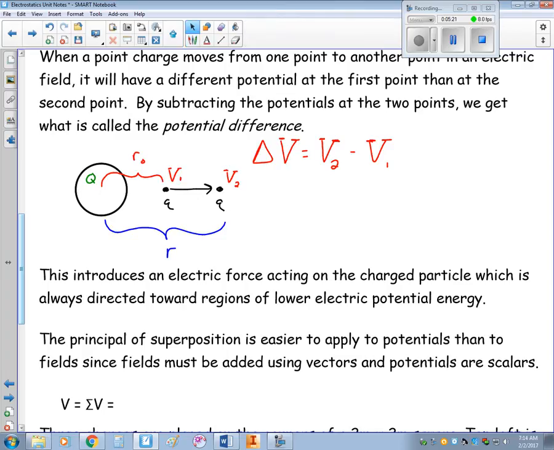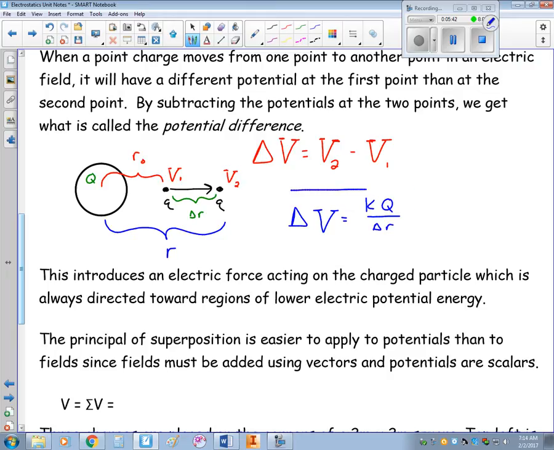And hopefully you can see that this distance between where I move the point charge would be like a delta R, final position minus initial position. And taking a look at what we've done before, the only thing changing is delta R. So to get that potential difference, I would simply have kQ over the change in position.